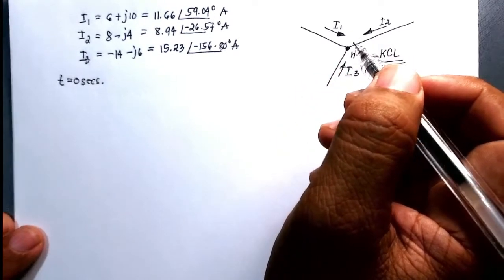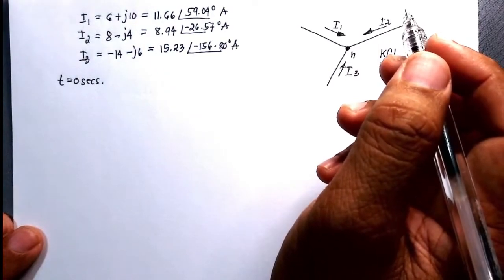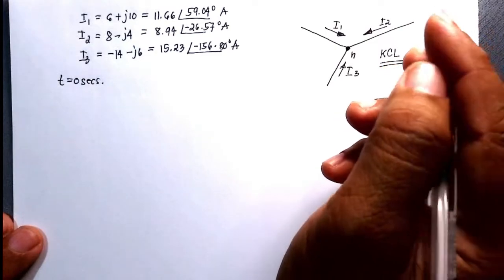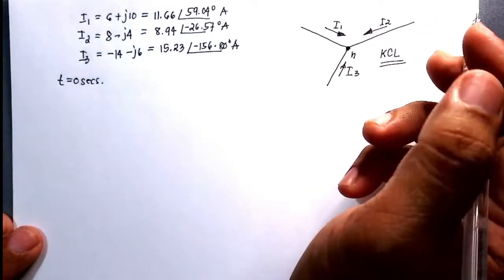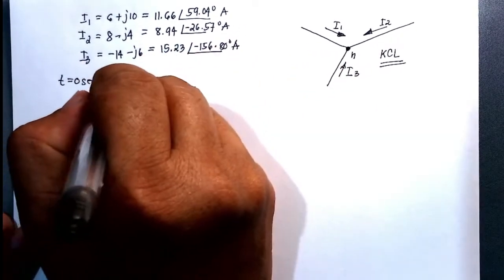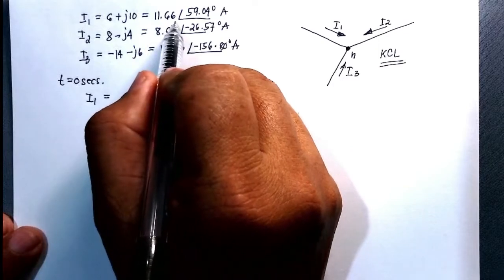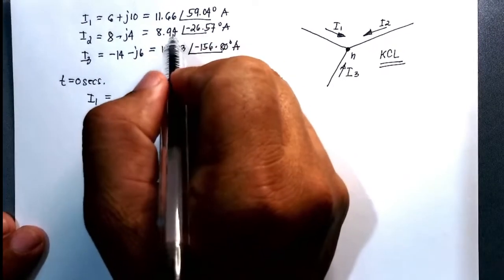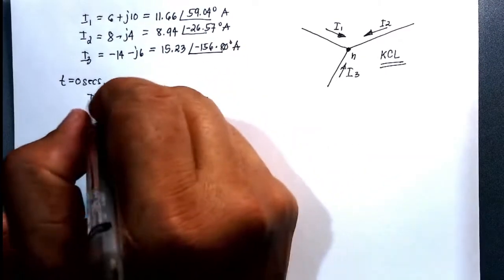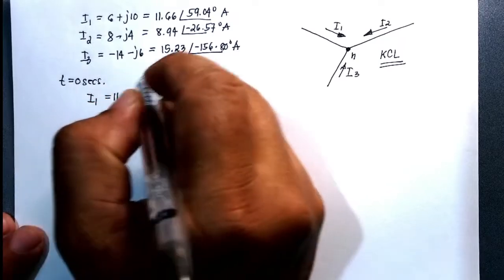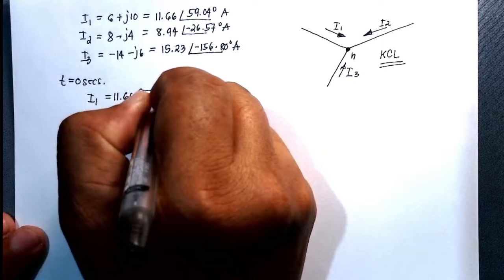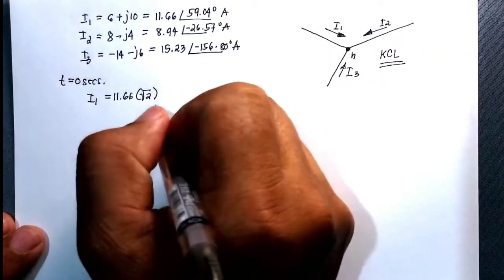Now we will consider I sub 1 here as our reference phasor, and compute the currents at 0 time. For I sub 1, since we have here 11.66, this is an RMS value, so we make that a maximum value. To get the maximum value, 11.66 should be multiplied by square root of 2.